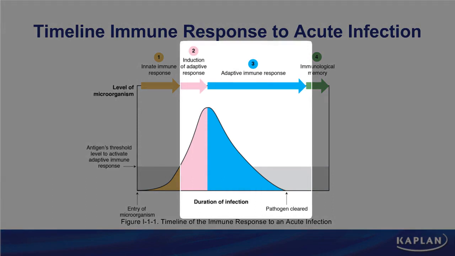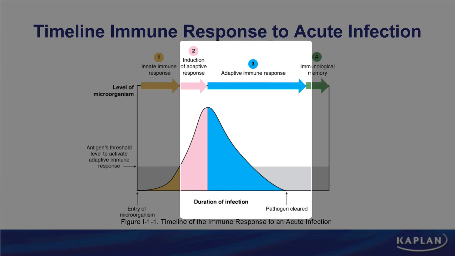So it is the innate immune response in collaborative effort with the adaptive immune response that will activate my B and my T cells. A very important time frame that I'm going to ask you to remember is that it takes approximately 1 to 2 weeks to get a full-blown adaptive immune response versus the immediacy of an innate immune response.